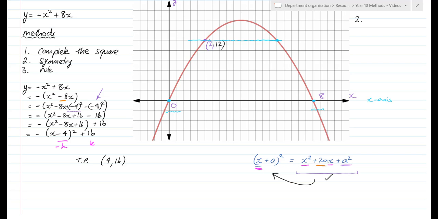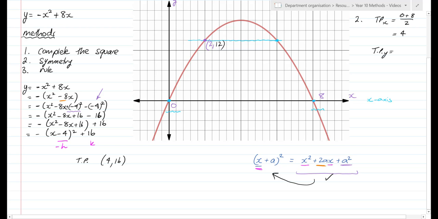So therefore my turning point x value, so you know my turning point is a coordinate, but the x value of my turning point is actually symmetrically between those 2 points that are my x-intercepts in this case. And to find the average of those 2 points, I do 0 plus 8 over 2, and that's equal to 4. So my turning point x value is 4, and my turning point y value comes from my original function.